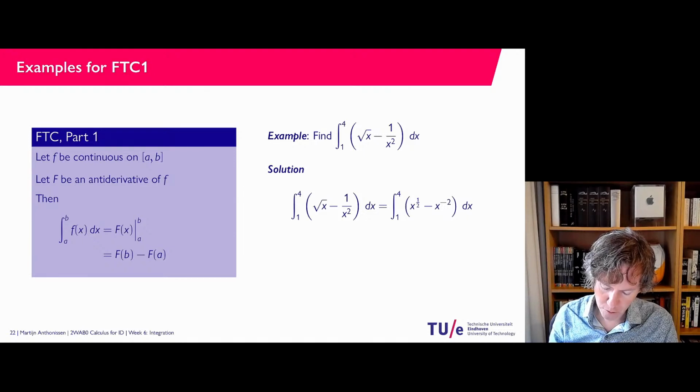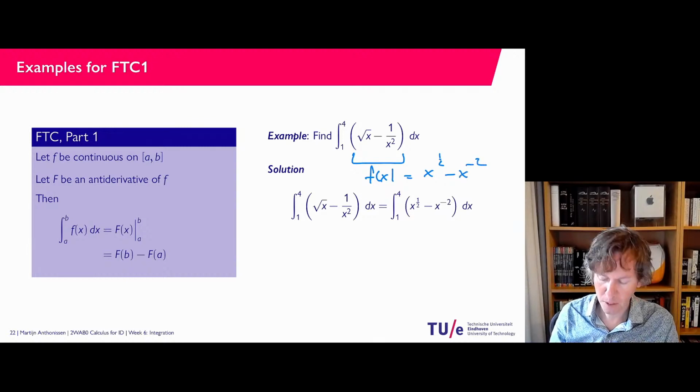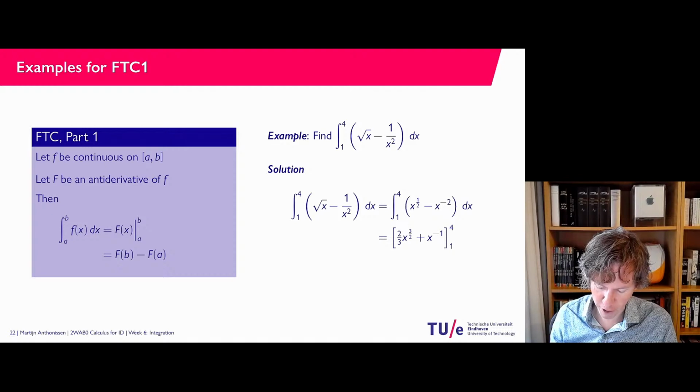Well, this here, f of x, is x to the power 1/2 minus x to the power minus 2. And now we can use the table where we can find primitive functions for that. And you know that a primitive function for x to the power 1/2 is x to the power 3/2, but we have to compensate with 2/3. And the primitive for x to the power -2 is x to the power -1. And we have to evaluate that in between 4 and 1.